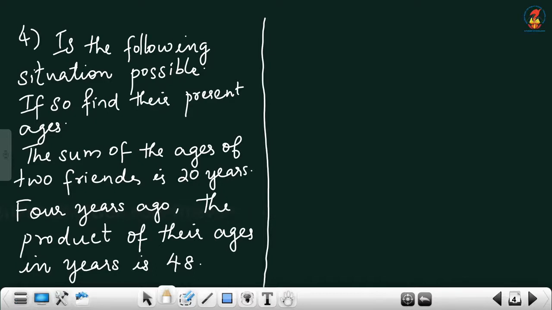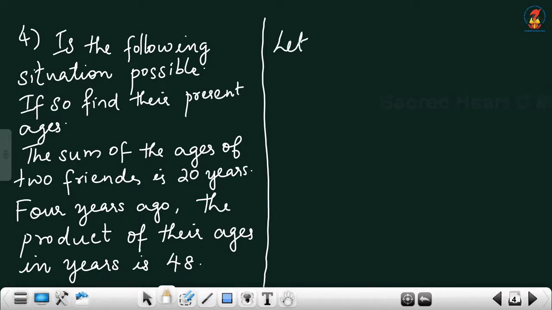Here it is given that the sum of the ages of two friends is 20 years. 4 years ago, the product of their ages in years is 48. So, we have to take the first sentence: the sum of the ages of two friends is 20 years.